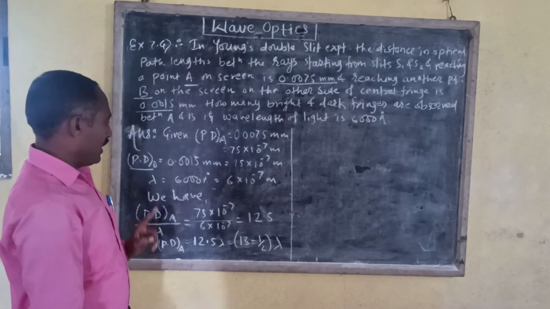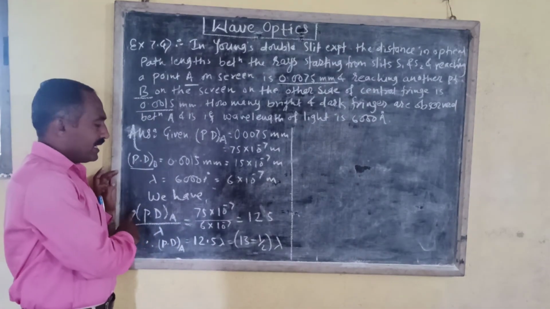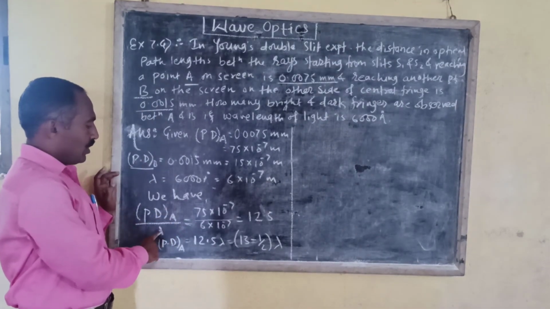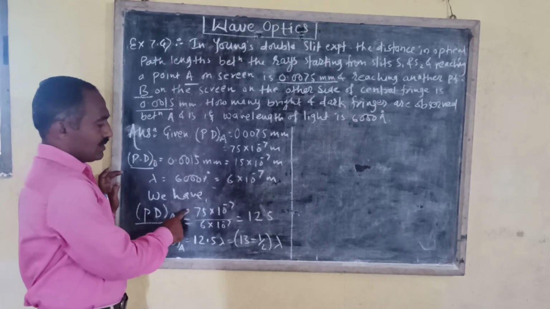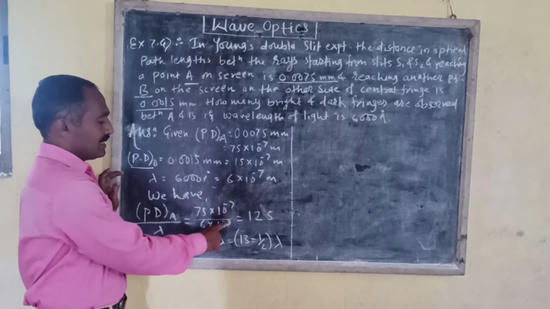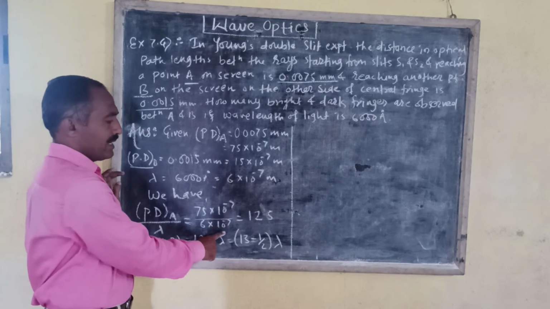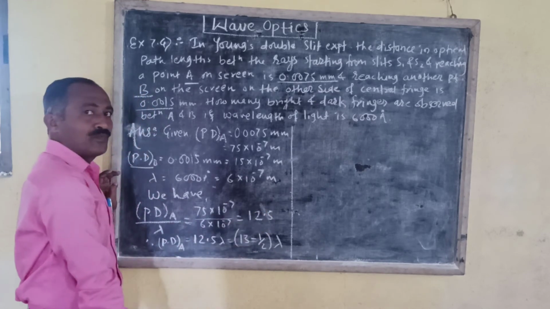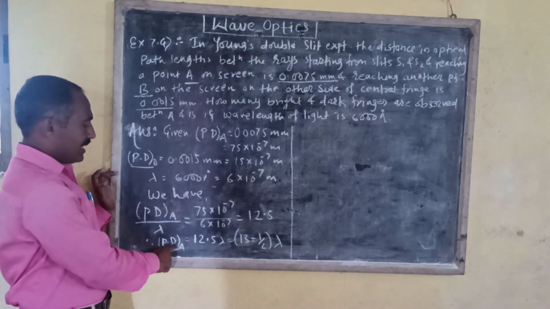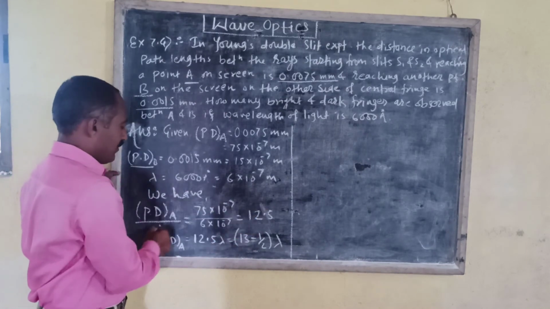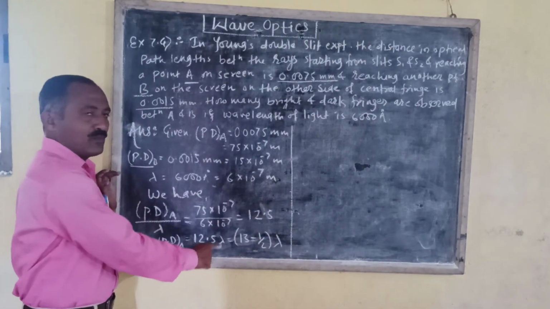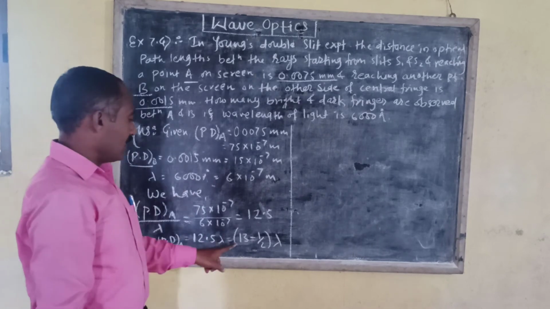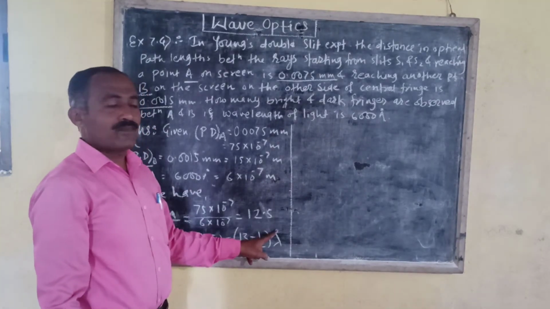We can calculate the path difference at A. Path difference at A upon wavelength lambda is equal to 75 into 10 to the power minus 7 upon 6 into 10 to the power minus 7, which is equal to 12.5. Therefore, the path difference at A is equal to 12.5 times lambda, that means 13 minus half into lambda.